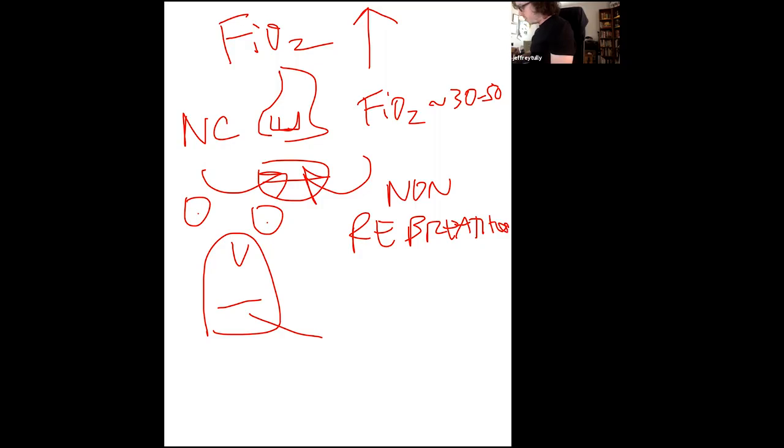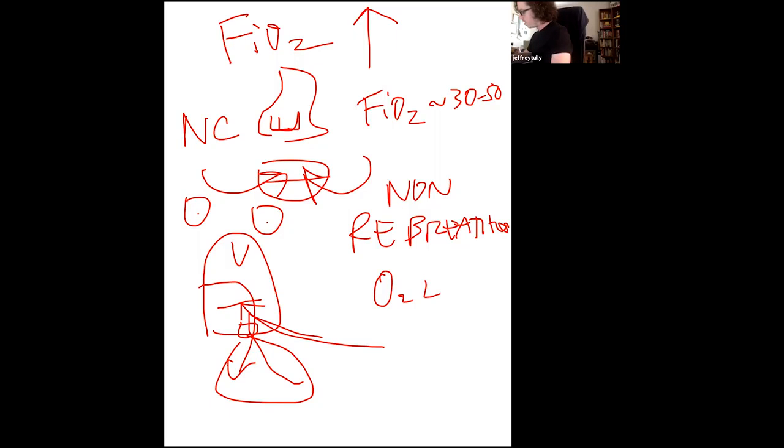It's a mask with a little bag on it that has a one-way valve, so that when you breathe stuff out, you're not able to breathe that in. And so the only thing coming in is oxygen. We usually talk about that from a liter per minute standpoint. The higher the liter per minute you run, the more you can increase that FiO2. And you can generally get an FiO2 up to almost 80% with a non-rebreather.